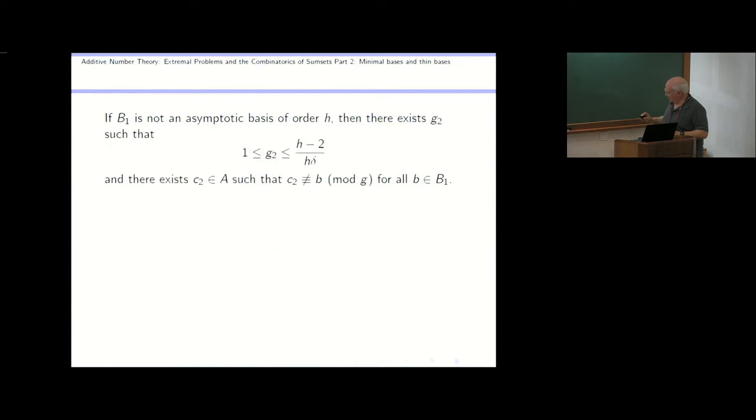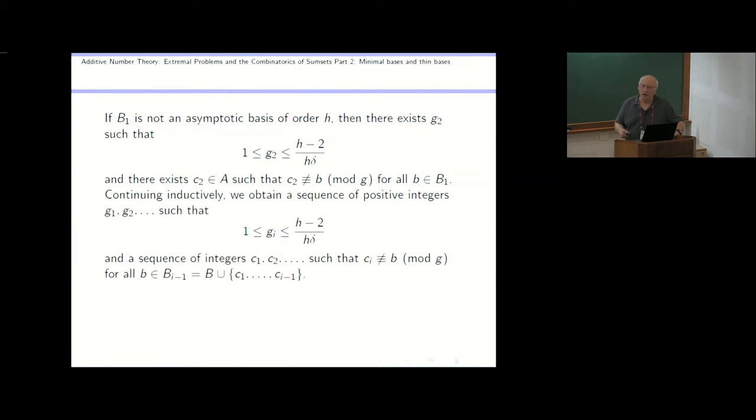Now, of course, if B1 were an asymptotic basis of order H, we'd be done. It would be B union one element. But if it's not an asymptotic basis of order H, the density is still the same. We just added one element. So there has to be G2 satisfying these same bounds, and an element C2 in A, which is not congruent to b mod G for all b in the set B1. Right? And we repeat the argument.